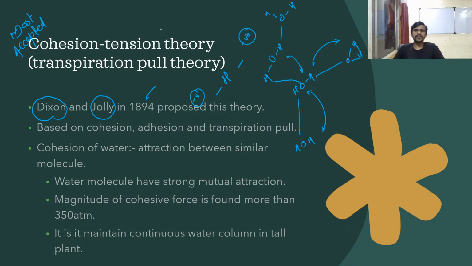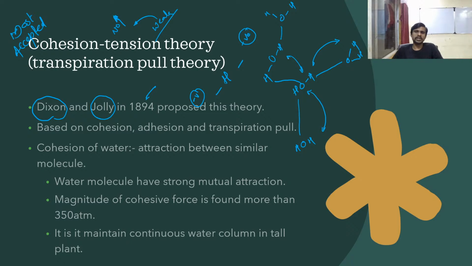These bonds are very weak, you can say it is the weakest bond in the world. But this weak bond is present in crores of numbers, so there are so many of them that they hold more than sufficient water by hydrogen bonding.